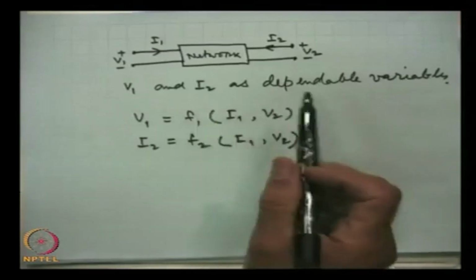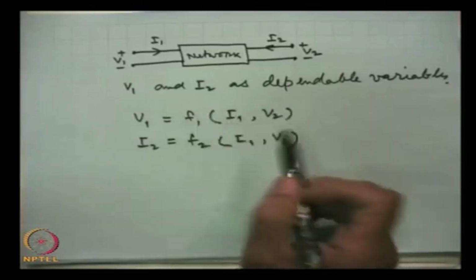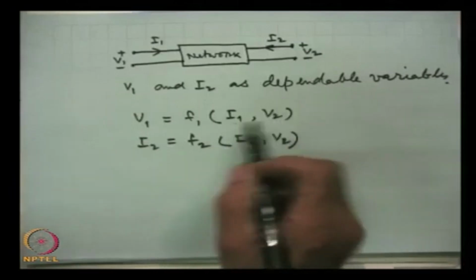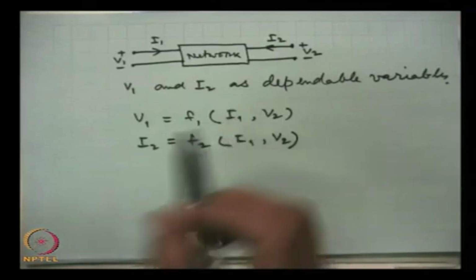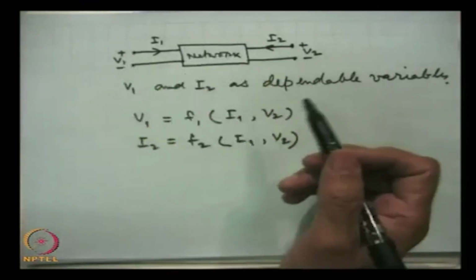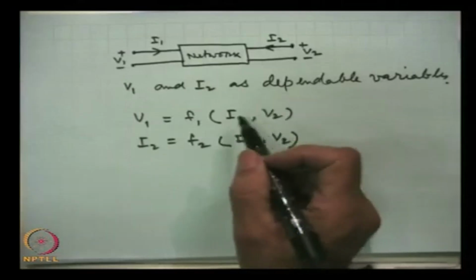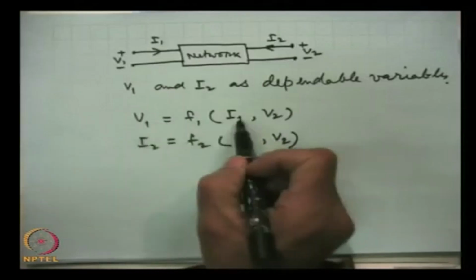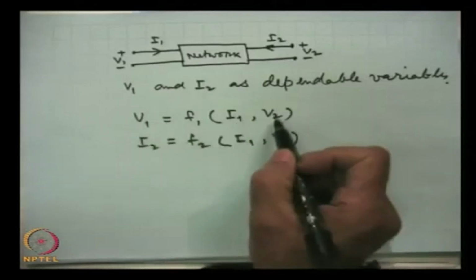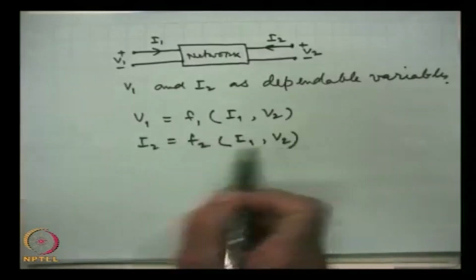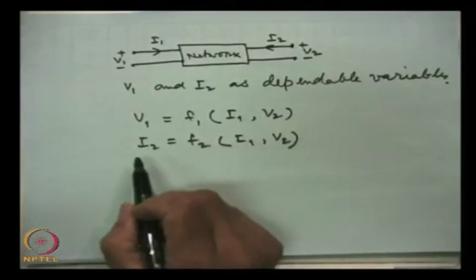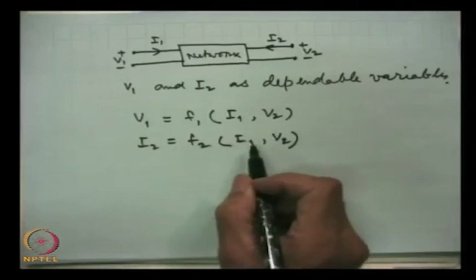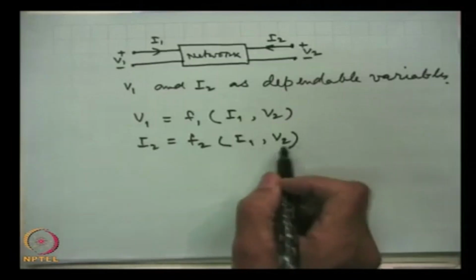They are representing that I1 and V2 are independent variables. The input current, for example, in a transistor, we can decide and we can choose whatever we want, and V1 will be dependent on I1 and of course, V2 as we will see. Similarly, this equation tells the dependence of I2 as a function of the variations in I1 and V2.